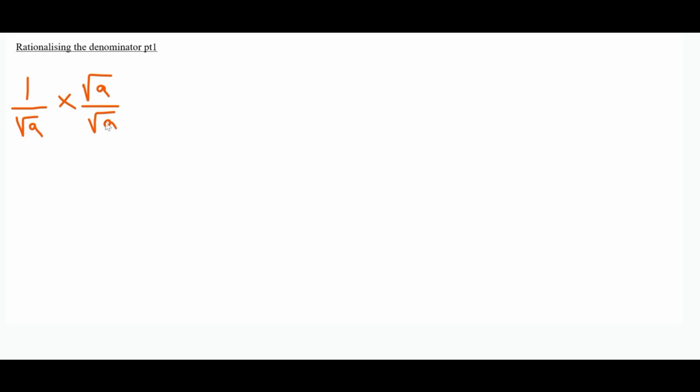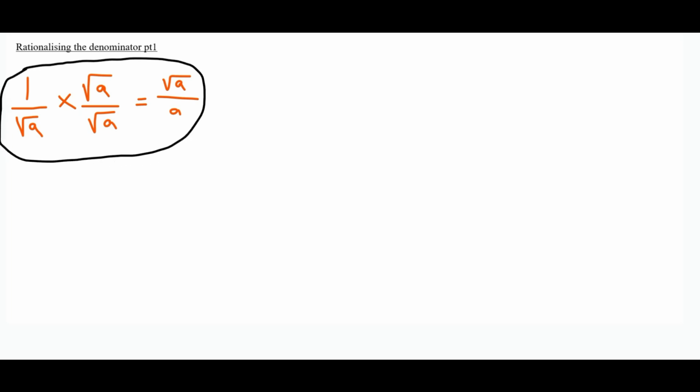That rule is, if we have a fraction with an irrational denominator, we need to multiply that fraction by the denominator itself, so the surd, and that will give us root a over a, as a surd with the same base multiplied by itself just equals the number inside. So using this rule, we can now look at some examples to answer.